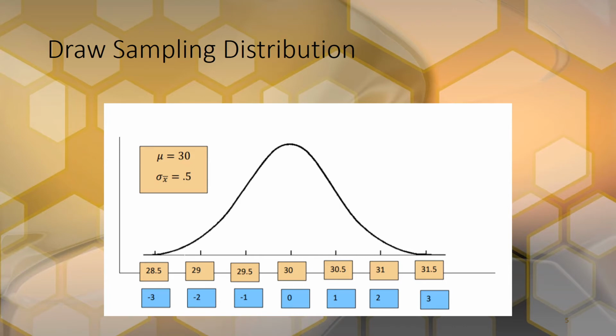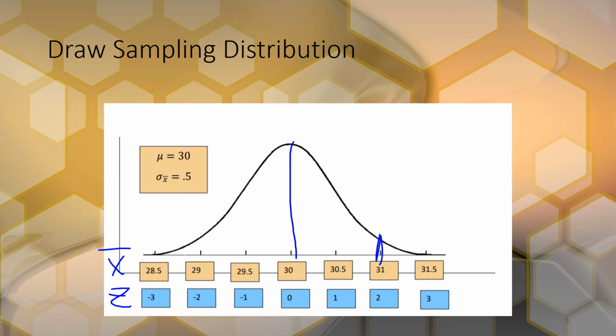Alright, so let's do our example. In our example, we got a sample mean of 31. So in the middle is our number from the null. So that was 30. And then we got a sample mean of 31. We can also put this in terms of z's. So this is z's and this is the sample means.